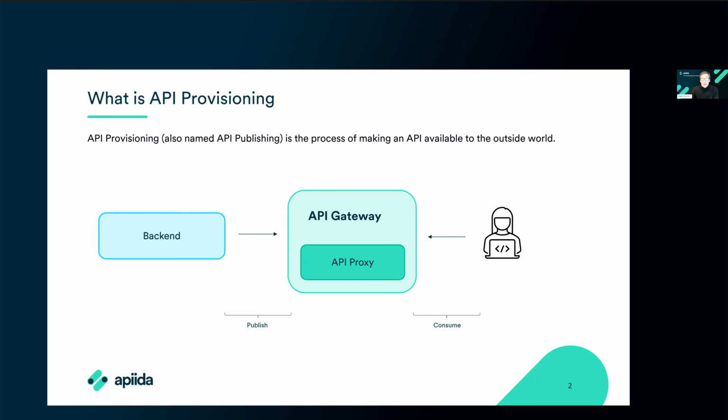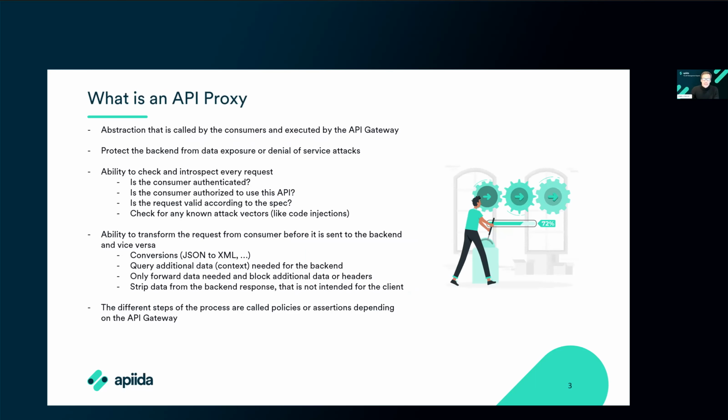So that API proxy that we are about to create in that provisioning, in that publishing step, what exactly does that mean? An API proxy is an abstraction, a little piece of software that is put into the API gateway, that is executed within the API gateway, and that is used primarily for security reasons.